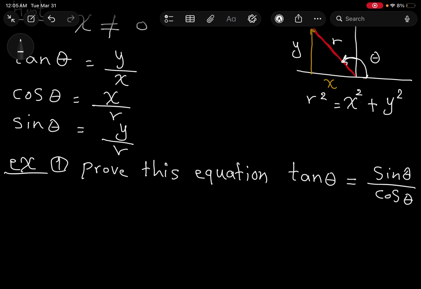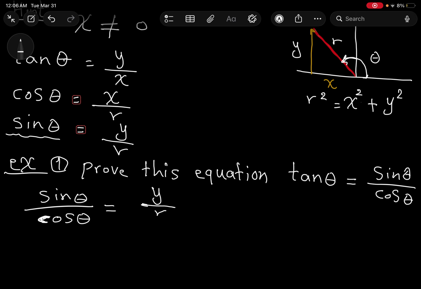Which side should we prove? I'm going to prove sine theta over cosine theta, in order to find the other side, tan theta. Sine theta, we have it here, equals y over r.